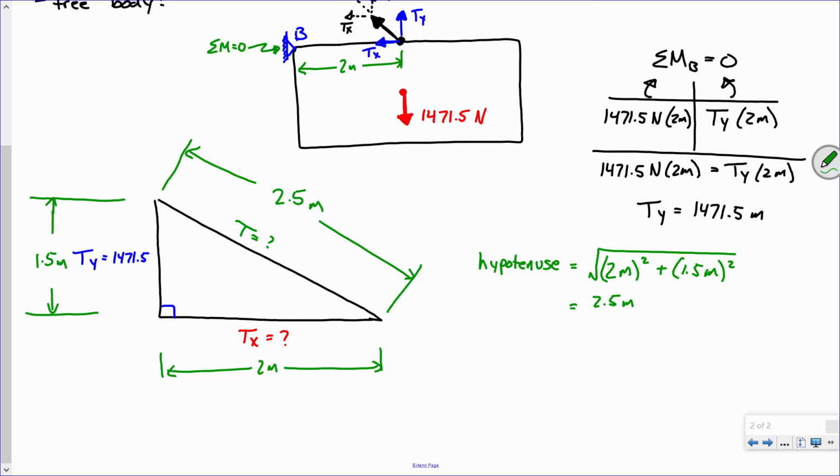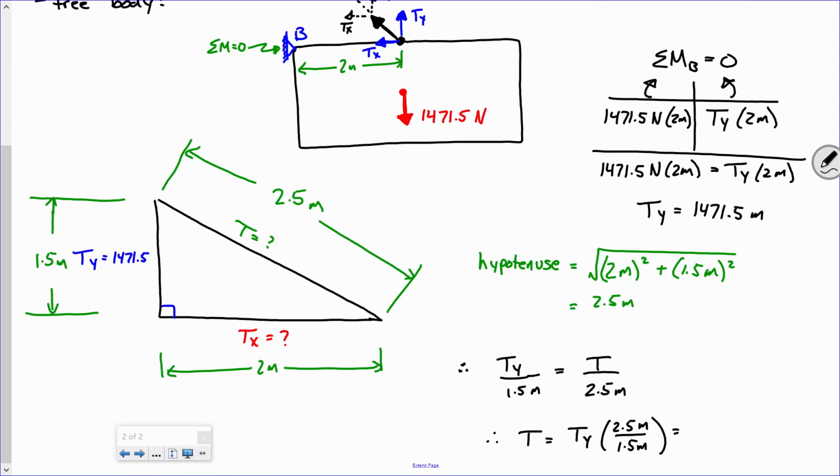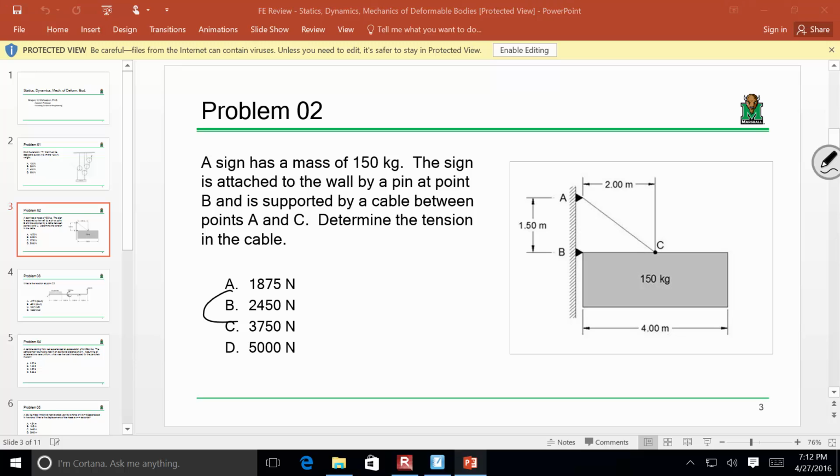So, therefore, or 2.5, sorry. And what's that? Right? And that'd be all she wrote.